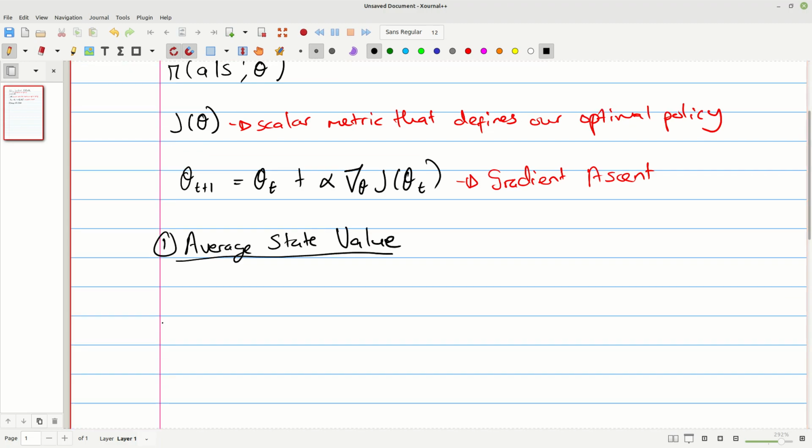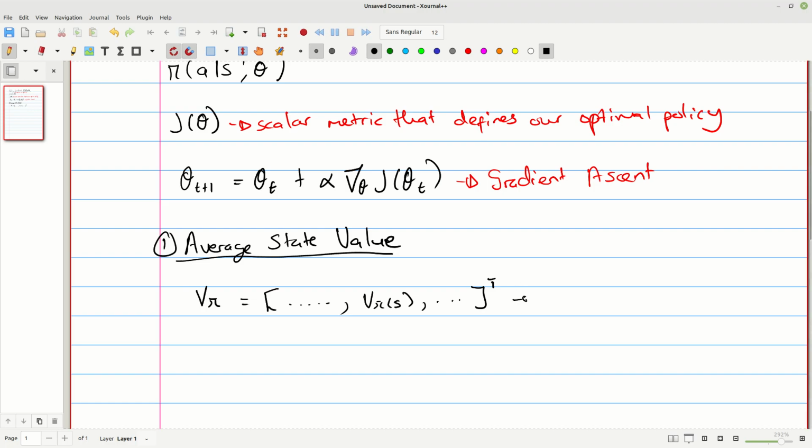What this average state value says is, we look at v pi, which is our value function, and let's say this is defined as follows. v pi is essentially a vector of state values.